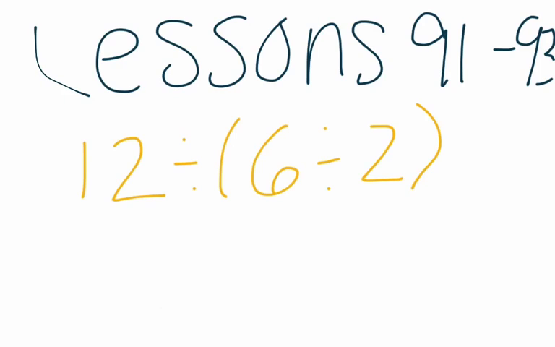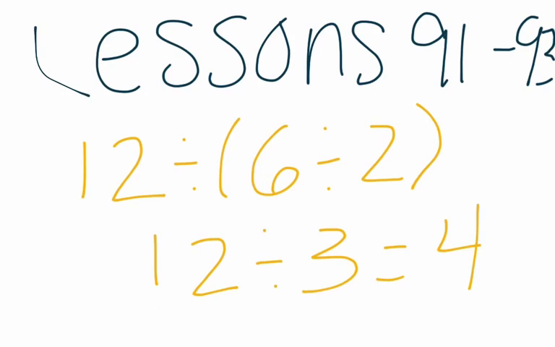Let's change to yellow. Alright, let's do 12 divided by 6 divided by 2. 6 divided by 2 equals 3, and 12 divided by 3 equals 4.